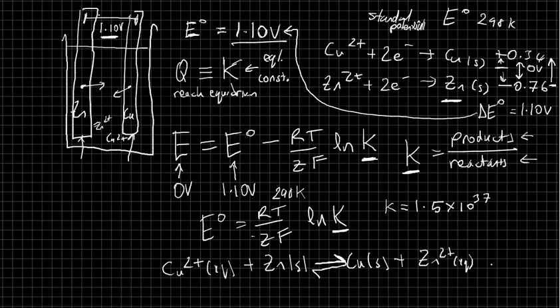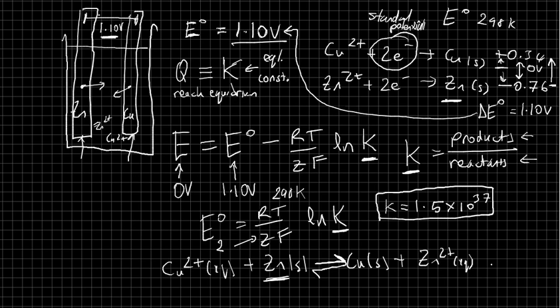And I should also note that you have to remember that Z is 2 because we've got 2 electrons involved in this reaction here. And you can see that up here, there are 2 electrons needed. So as you can see, the equilibrium constant for this reaction is very, very large, which means that at the end of this reaction, when we've reached equilibrium, we're going to have far more products than reactants.